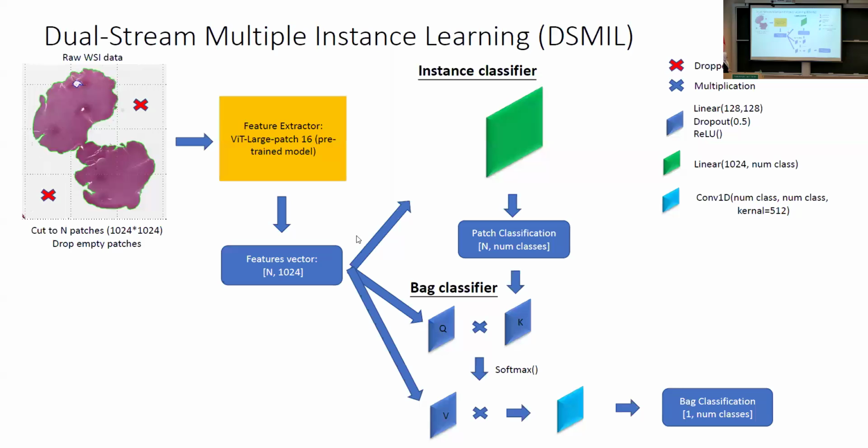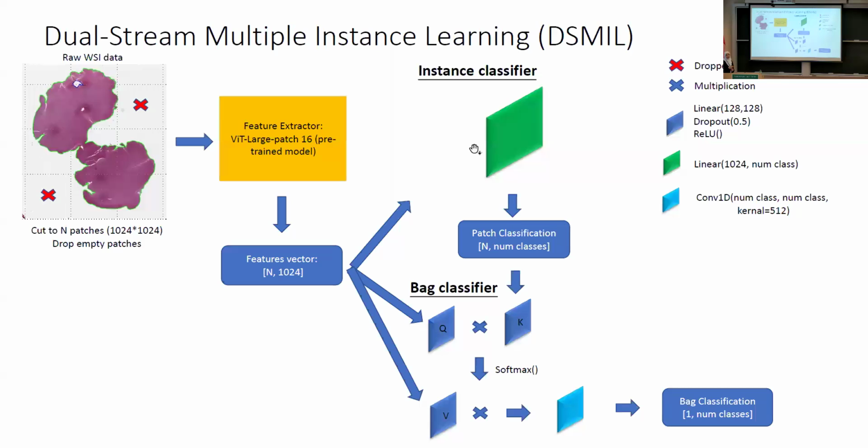It tries to learn in parallel what the small image labels are as well as the whole image label, by aggregating the information from the instance classifiers. One approach to do that is called dual stream multiple instance learning, DSMIL. So you can see here how it combines different levels of information.